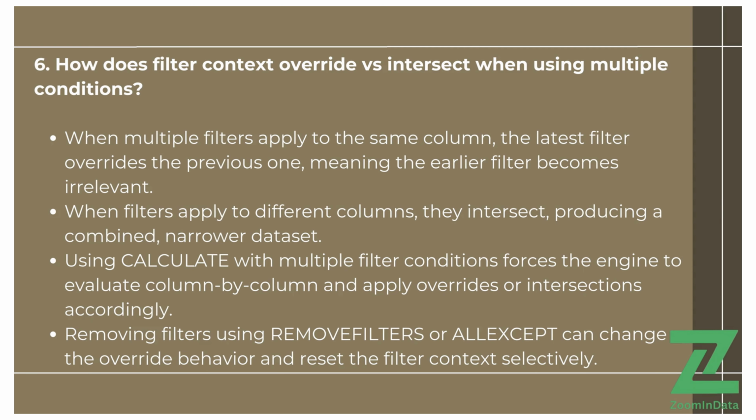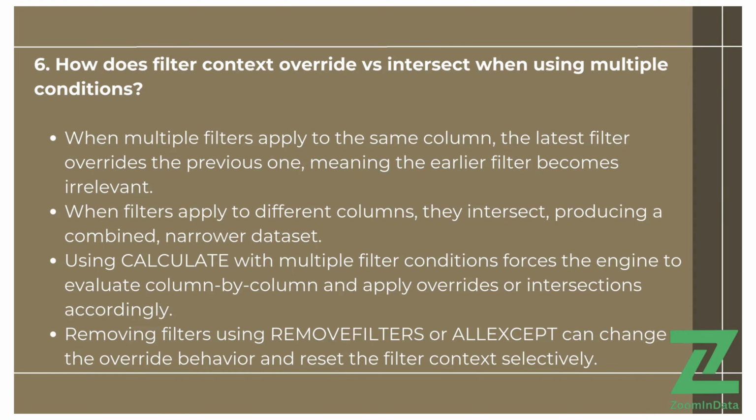How does filter context override versus intersect when using multiple conditions? When multiple filters apply to the same column, the latest filter overrides the previous one, meaning the earlier filter becomes irrelevant. When filters apply to different columns, they intersect, producing a combined, narrower dataset.